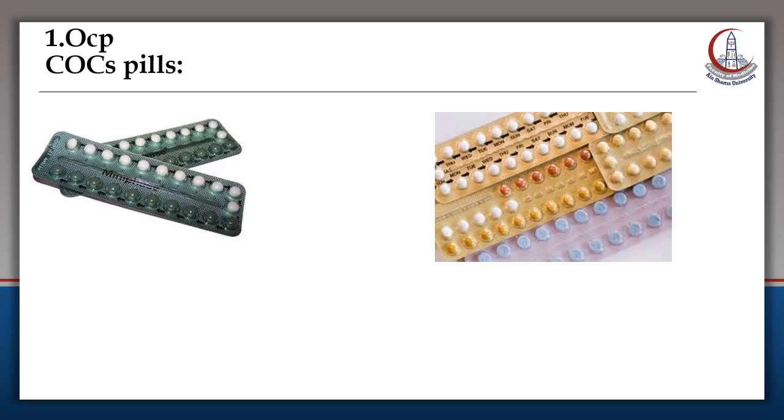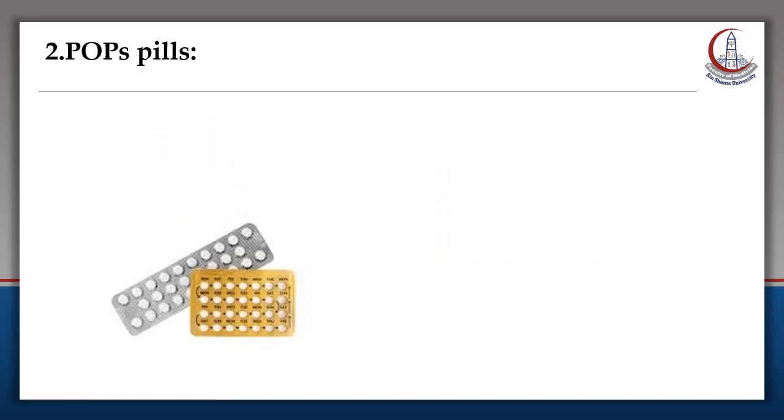Oral contraceptive pills are considered a method of contraception. They contain two types: COC, which is the combined oral contraception that contains the two types of hormones, estrogen and progesterone, and POP, progesterone only pills that contain only progesterone hormone.